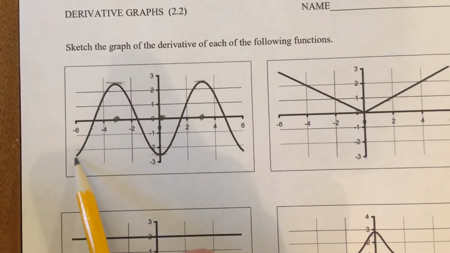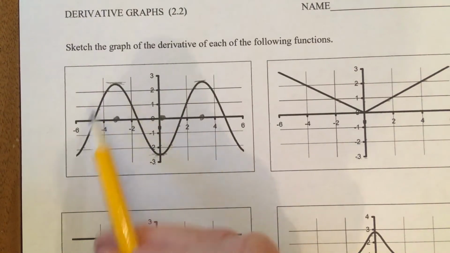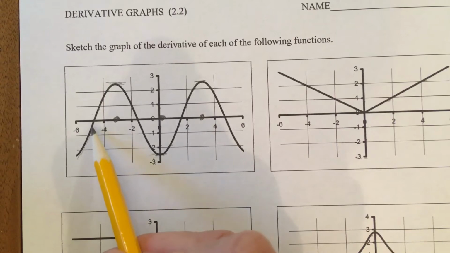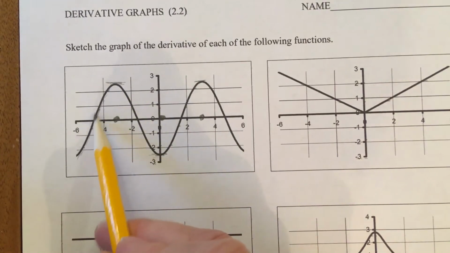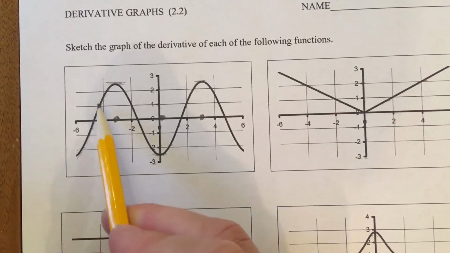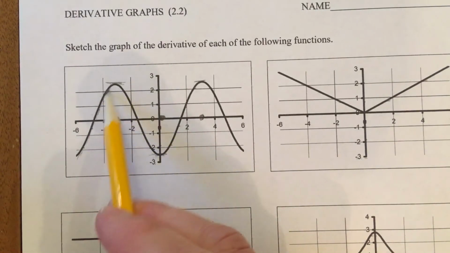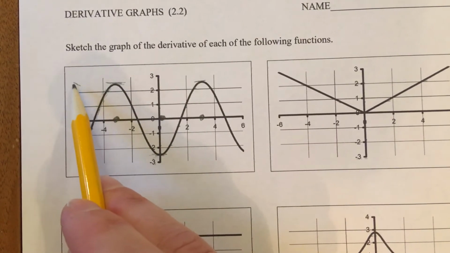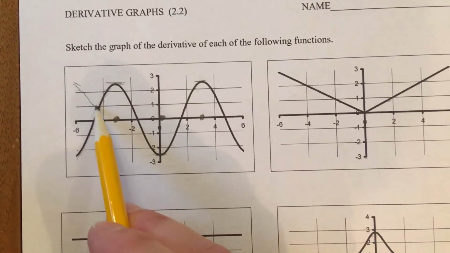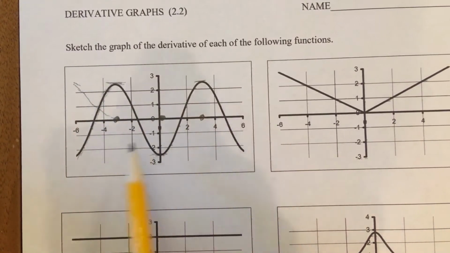Then the other thing I know is that when this graph is increasing, all of these derivatives are positive. Okay? And we'll talk more about where the maximum derivative might be located and how we might know that. But I know that all of these are positive values, and they start to approach and get closer and closer to 0. So I'm coming from a positive place here and hitting 0. Okay?